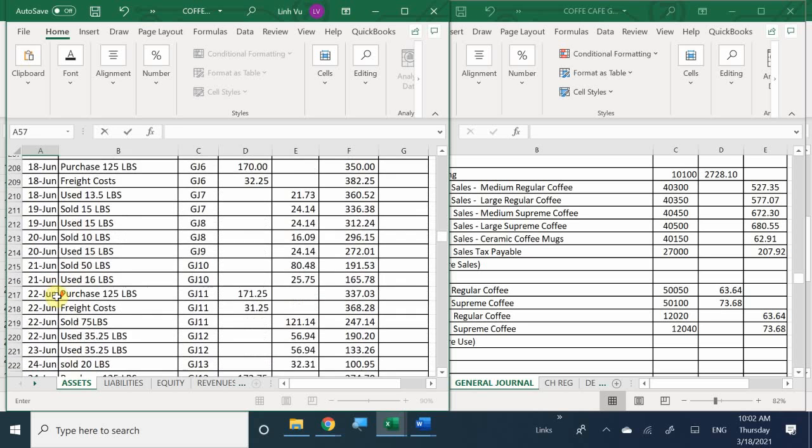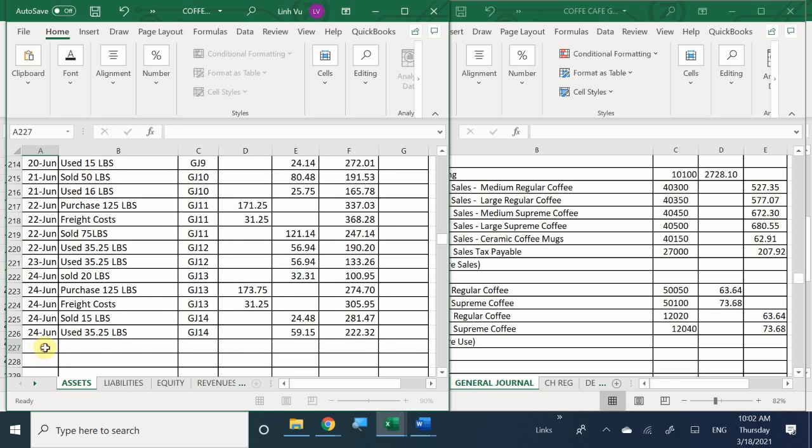Here's regular coffee. We used 39 pounds.